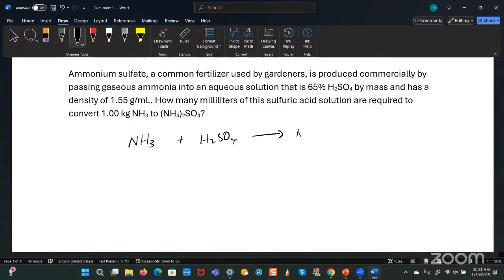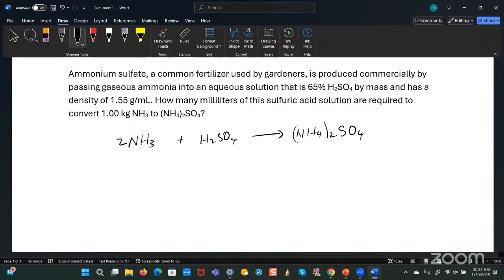Ammonium sulfate, (NH4)2SO4. So how do we balance this? That's it, that's all you need, all right?